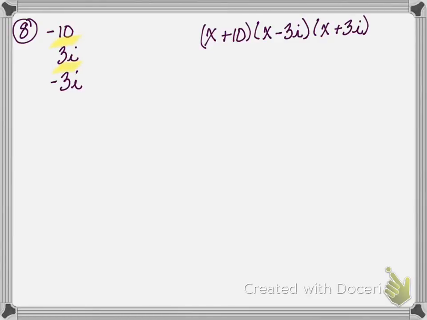So, just as a reminder, negative 10, positive 3i, and negative 3i, those are the solutions. x plus 10, x minus 3i, and x plus 3i, those are our factors. There's always a relationship between our factors and our solutions.